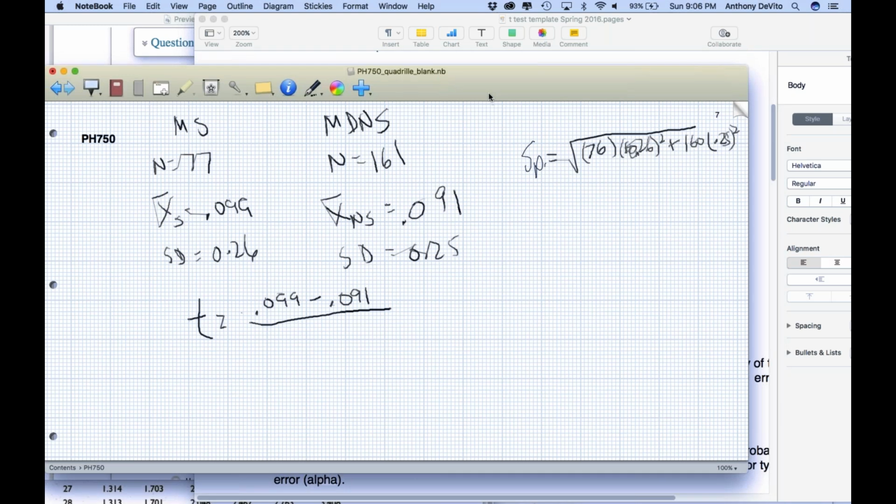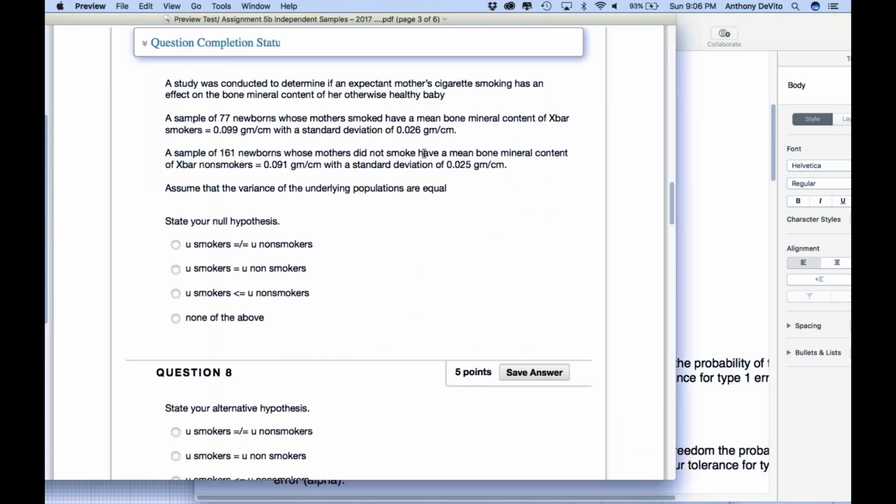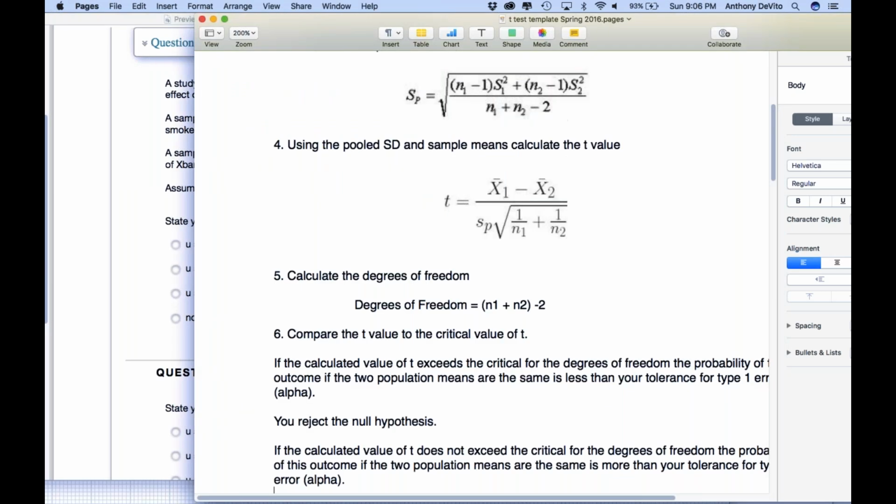It must be 0.025, right? Those two standard deviations? Yeah, 0.025. It had to be.